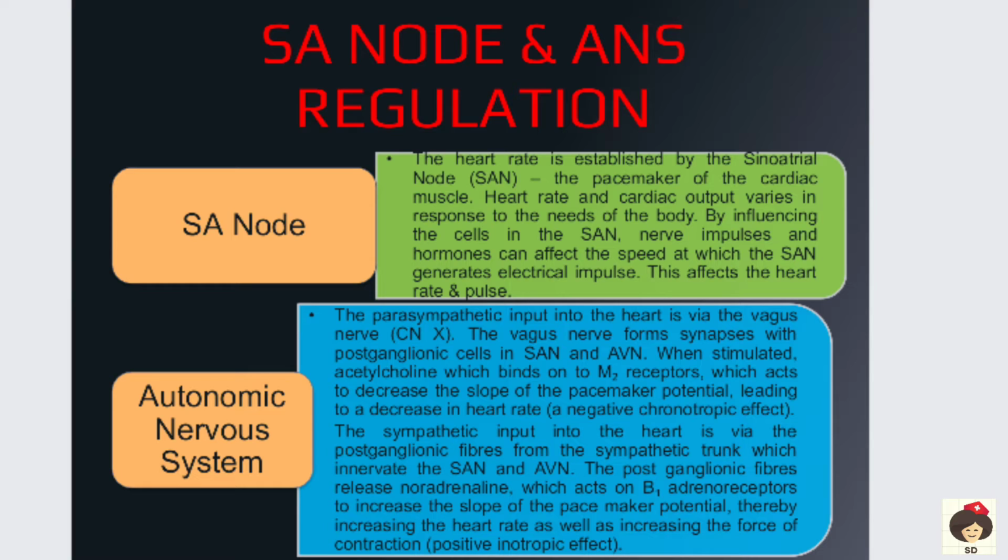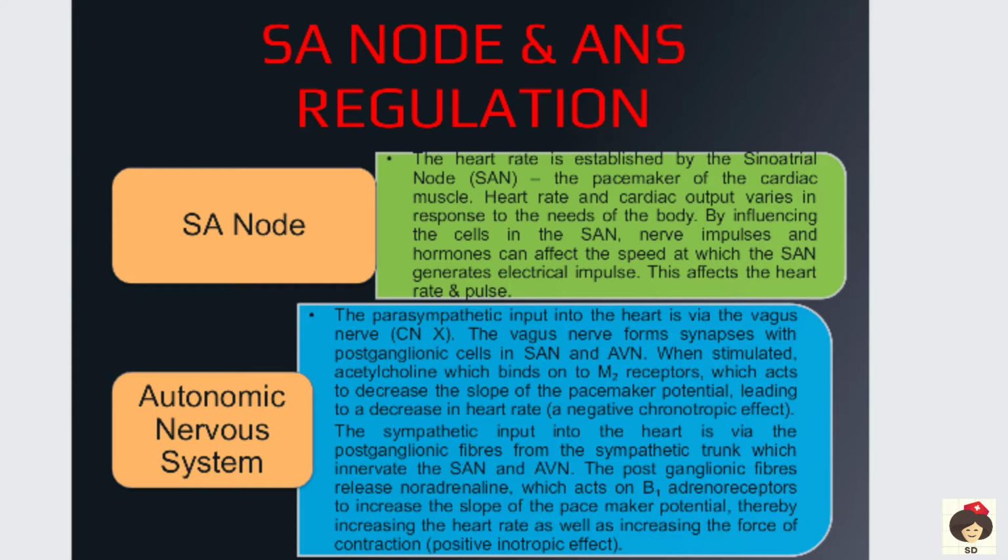The SA node will trigger according to the needs of the body, like in case of any activity or stress or emotions, or drinking some beverages, or walking upstairs and downstairs. So many factors are there. According to the needs of the body, the SA node will trigger at a higher rate or a lower rate.